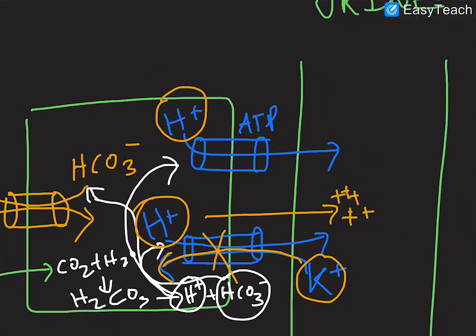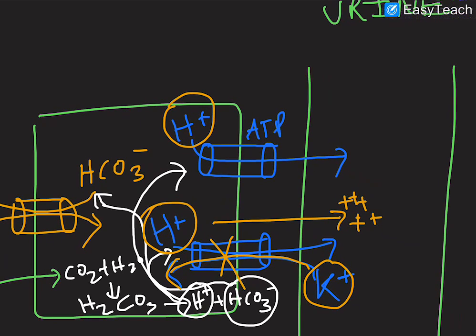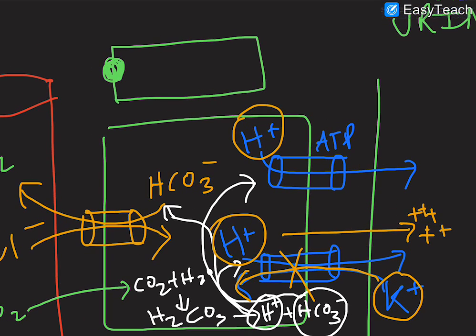So in your principal cells, let's say we draw our principal cells right here, in your distal convoluted tubule, your principal cells have sodium potassium ATPases on the surface near the blood vessels.